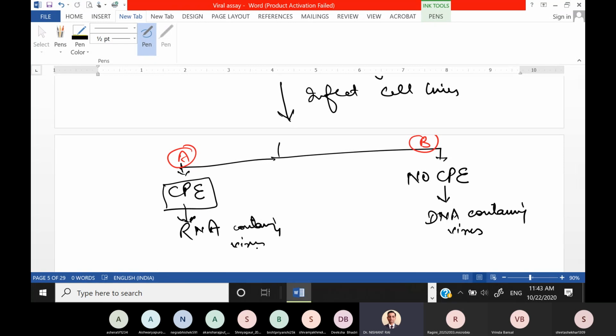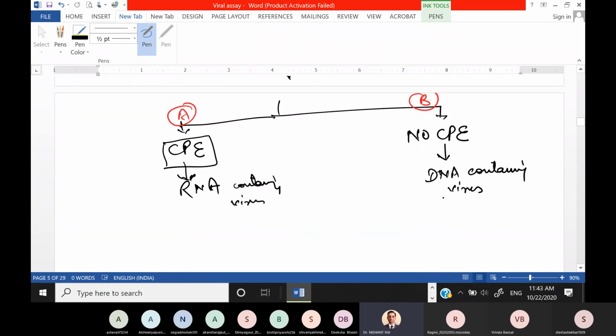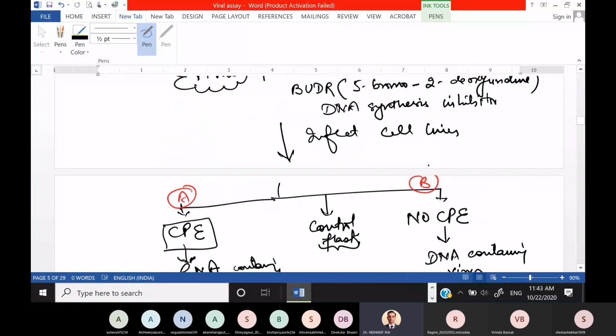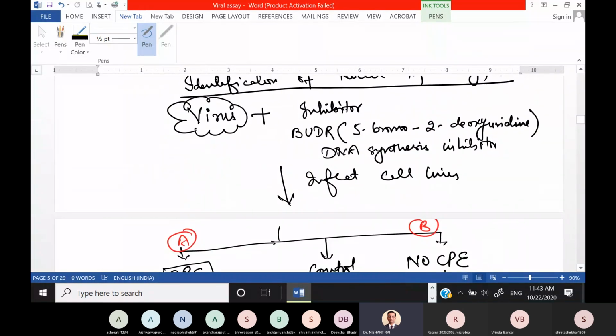Okay, it may happen practically while doing the experiment. If it is a DNA containing virus, you may observe cytopathic effect but very little CPE, less growth compared to the control one. Remember one point, always you will take a control plate, control flask, in every case. Control means not treated, because in this case you are mixing the sample with the inhibitor.